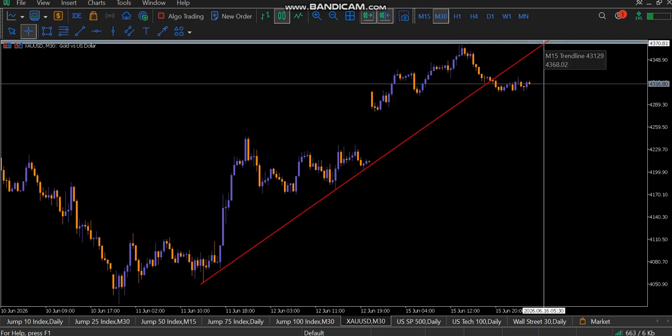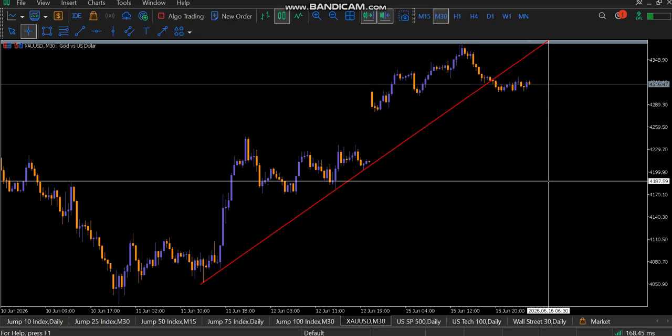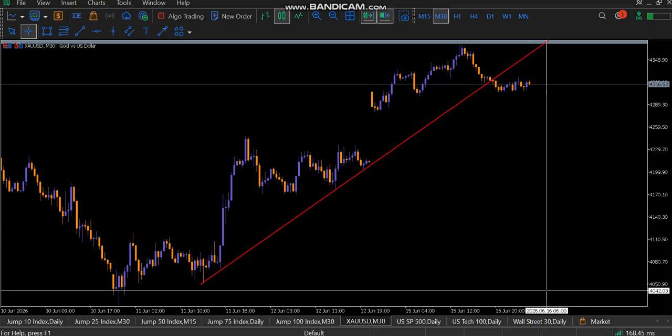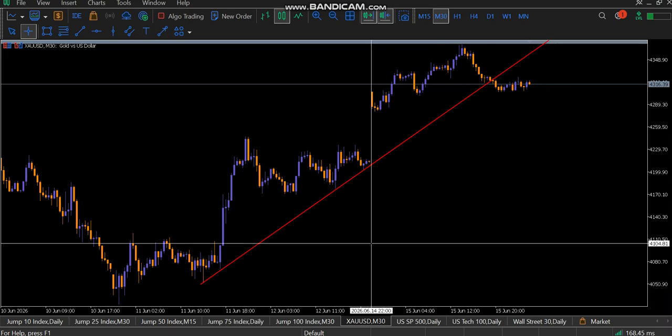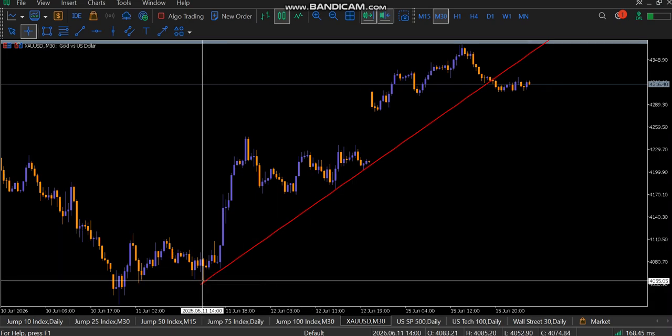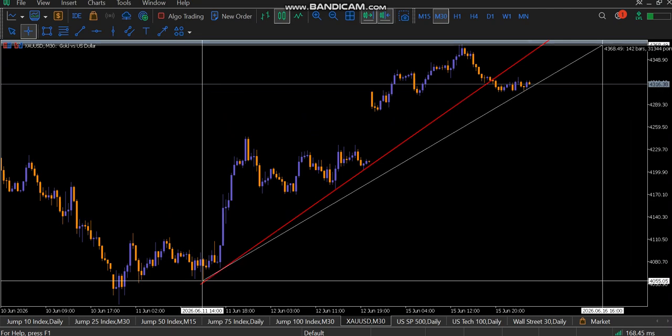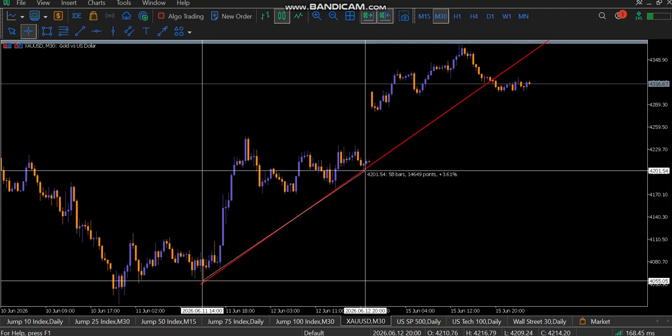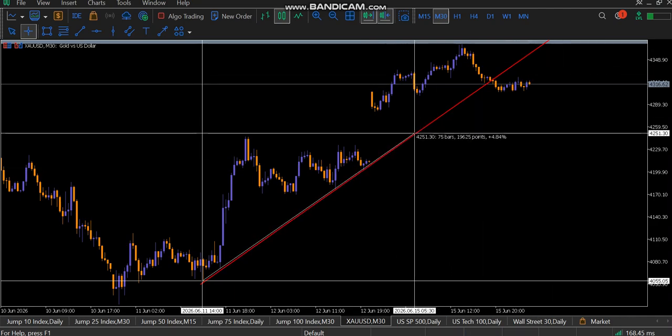So if there's a probability that price is going to come here, and if we see an opportunity to enter, probably a candlestick confirmation giving us a confluence, then that is how I'm going to look for an opportunity to sell this market to the downside. Now, that's just a speculation. Another thing is that there could be another opportunity, probably that this counter trend line is no more valid, that it is invalid.